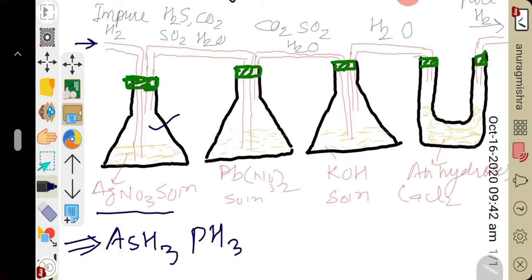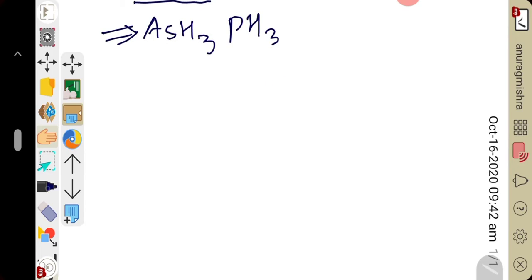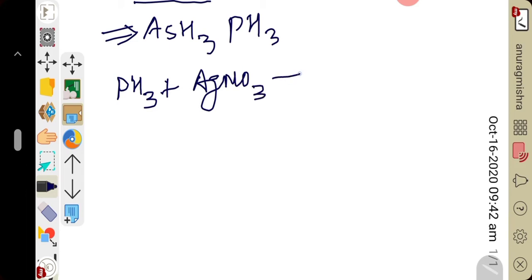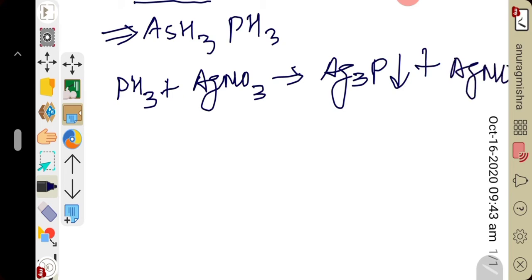Let us see how the reaction takes place. First of all, we will pass hydrogen gas through this tube into the conical flask containing silver nitrate solution. Now the reaction will take place. Phosphine will undergo reaction with the solution of silver nitrate, AgNO3, to form Ag3P, a precipitate, plus silver nitrate AgNO3 plus nitric acid HNO3.